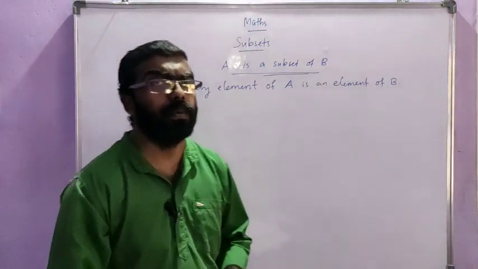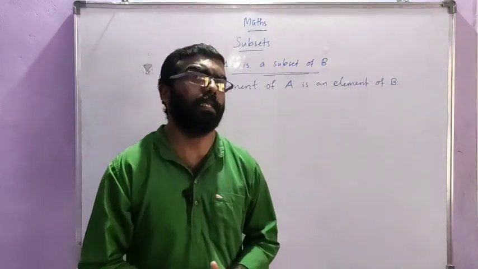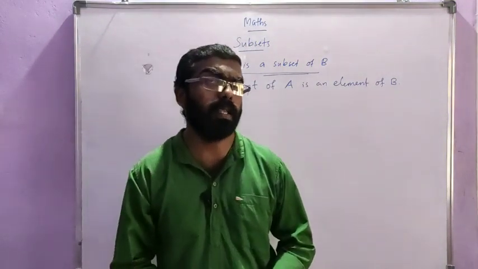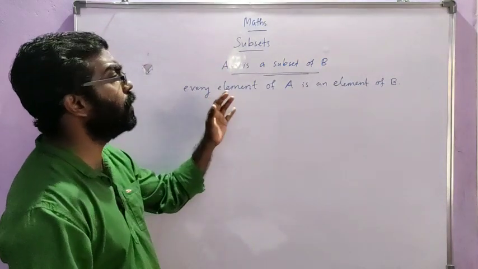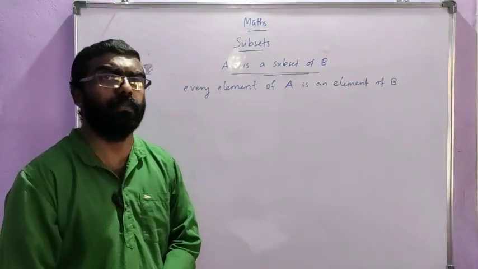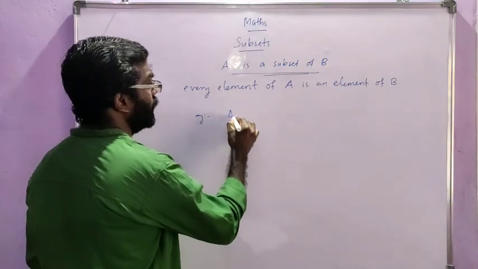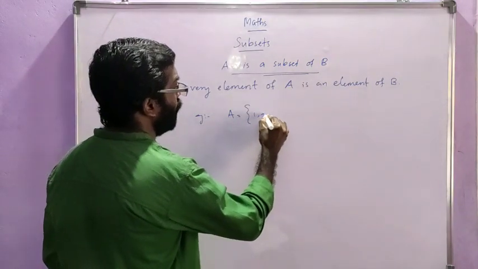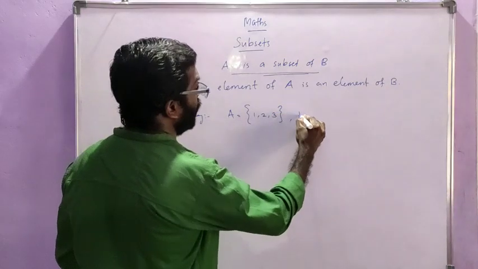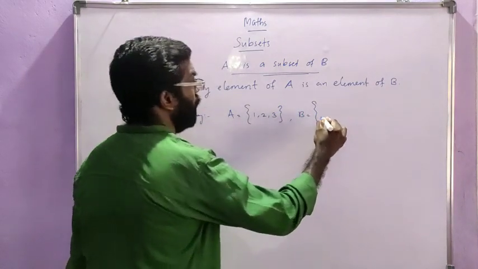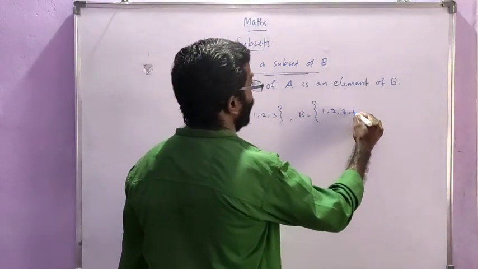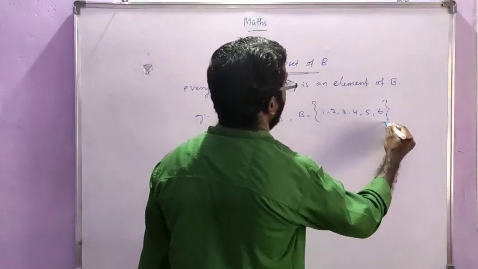Okay. If a set A is a subset of a set B, then every element of A is an element of B. For example, consider a set A is equal to set of all {1, 2, 3} and B is equal to set of all {1, 2, 3, 4, 5, 6}.